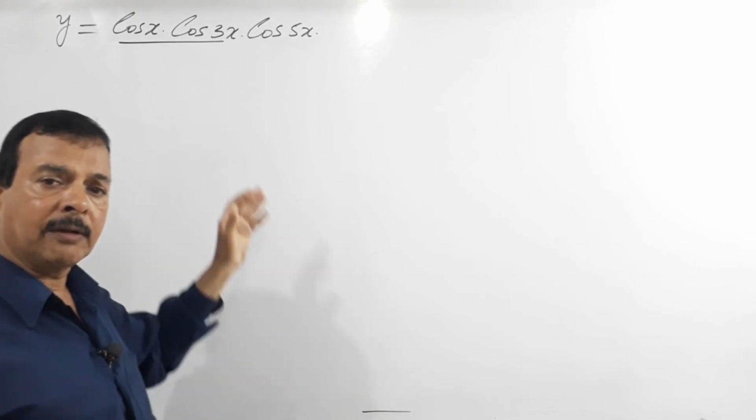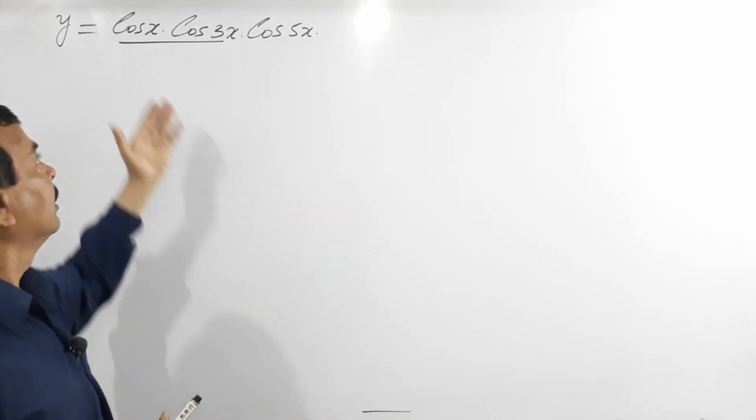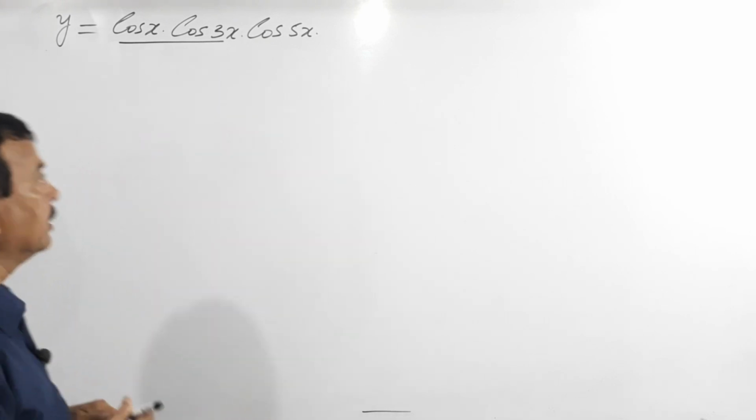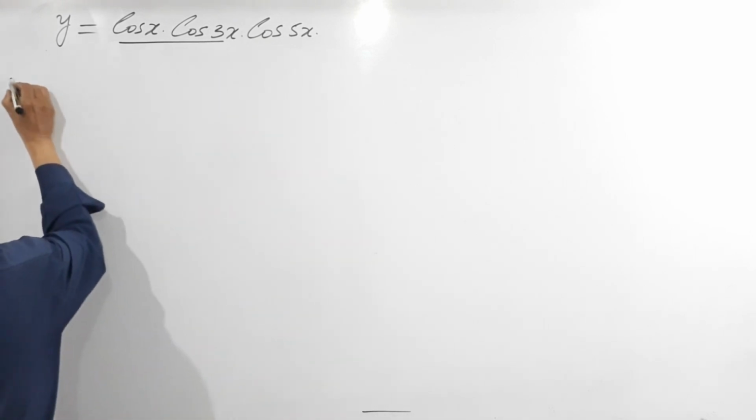So don't you think this is our type, cos a into cos b? What is cos a into cos b? I'll write the formula.